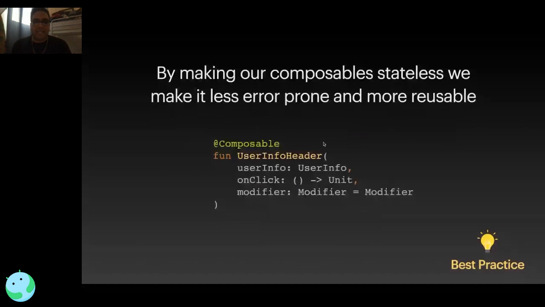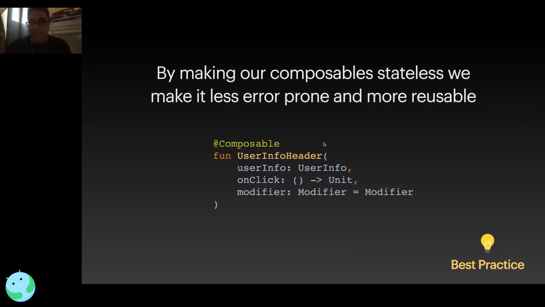By making our composable stateless, we make it less error prone and more reusable, because the composable is not in charge anymore of updating and storing the state, but just renders based on the information that it gets and notifies the caller about any event that happened inside of the composable. So the caller handles the state changing or just notifies a parent about that event.